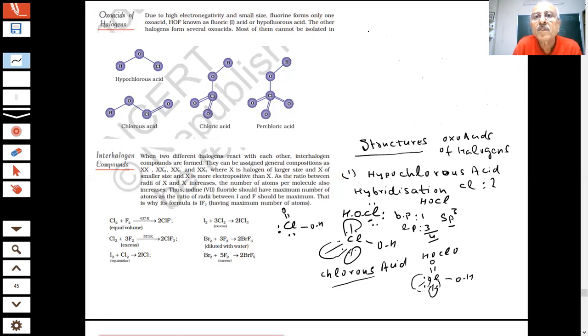So we have to draw the structure of chloric acid.